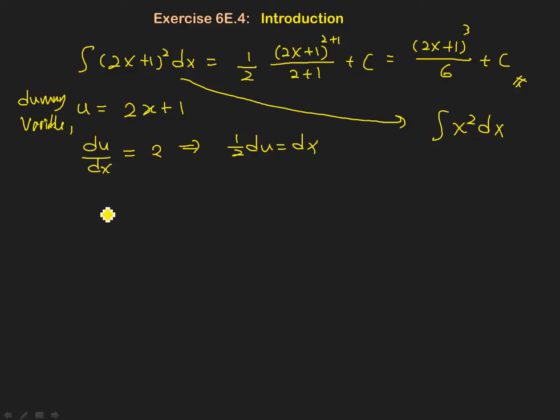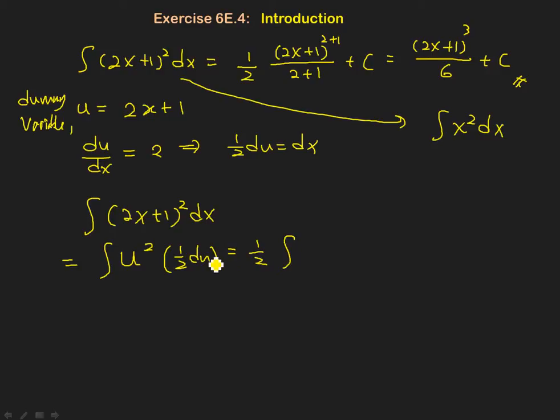So what we're going to do now is perform the process of substitution, and this expression here is actually u squared, as you can see, and dx is actually half du, and so we'll have half. Remember, you can write the scalar in front. So you have half the integral of u squared du, and we transform the problem to look something like this, and we can perform the integration.